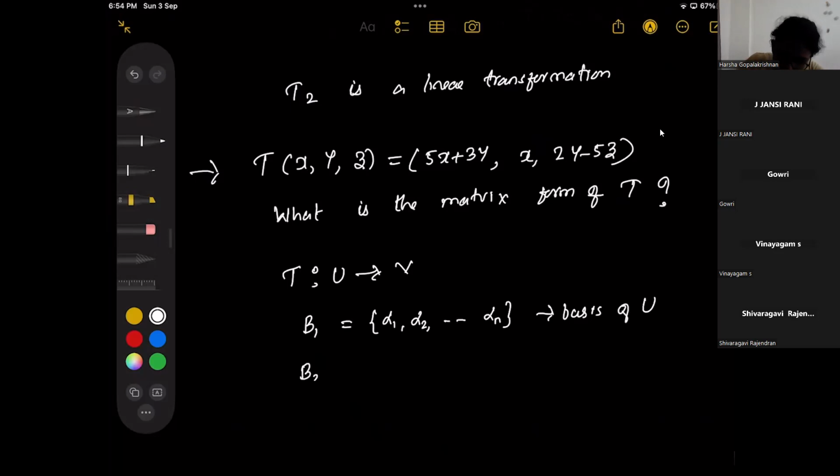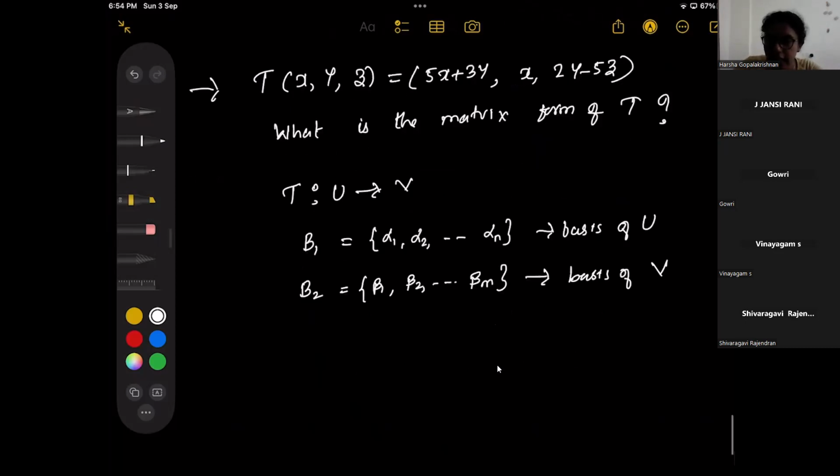And V2 equals beta 1, beta 2, etc., beta m, a basis of V. Here, U has n elements in the basis and V has m elements in the basis. How we will generally write the matrix form of the linear transformation.